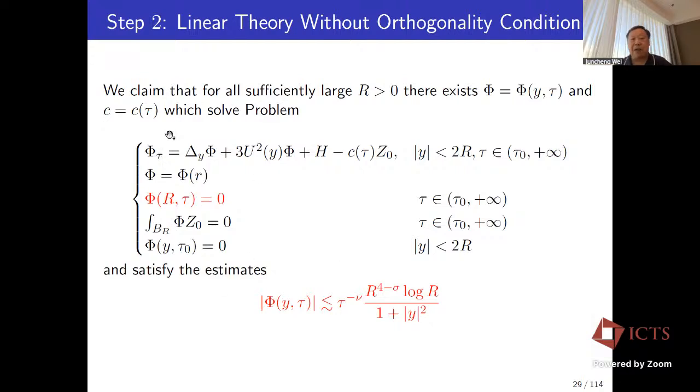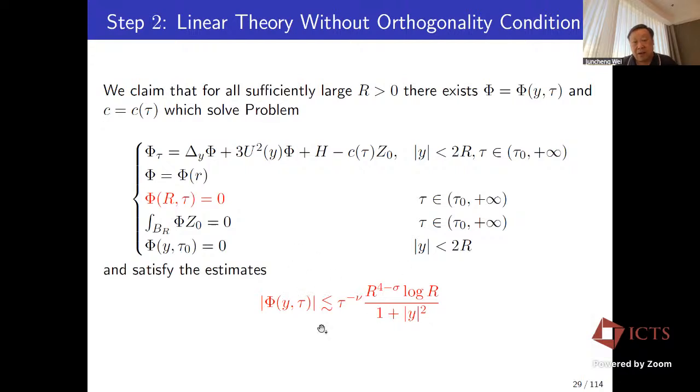So for this problem, you don't expect the solution to have decay. Because, for example, if H is constant, then you get a solution which is like big R square minus little r square. So you don't expect the solution to decay.